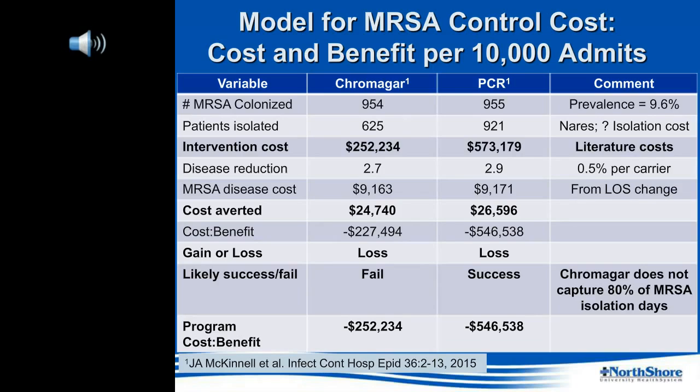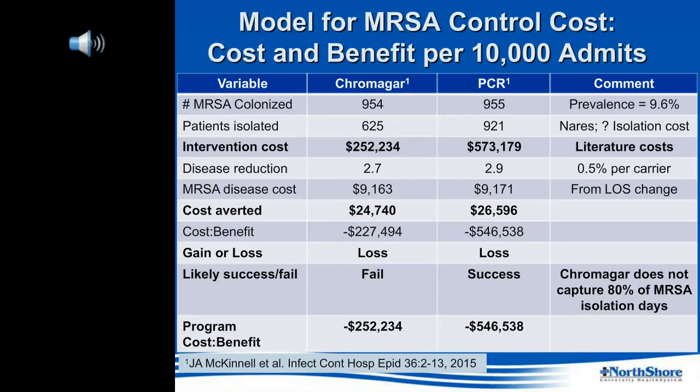The most expensive intervention you will introduce is one that costs money and is not successful. It's likely that chromogenic agar will fail in most acute care settings because it takes too long to get the results out in order to have an impact on isolating MRSA patients quickly enough.